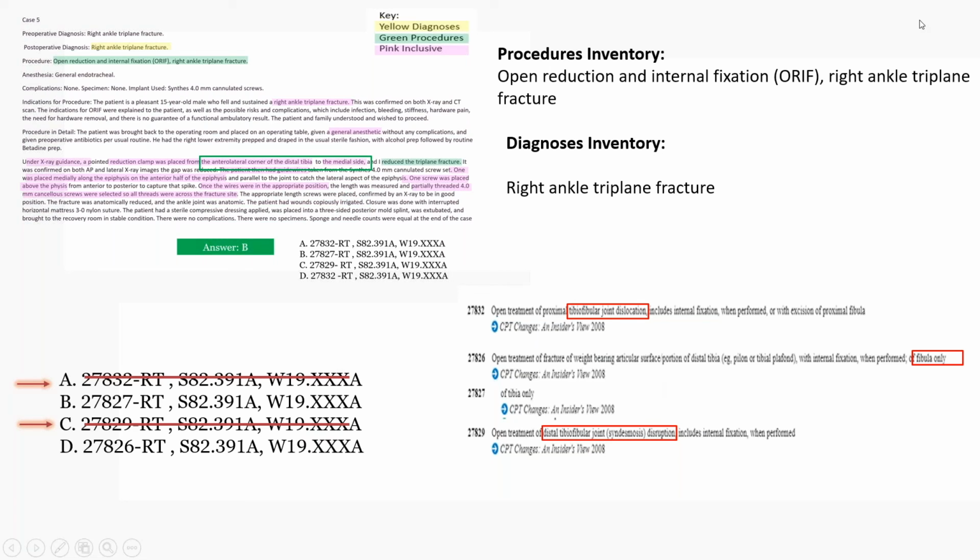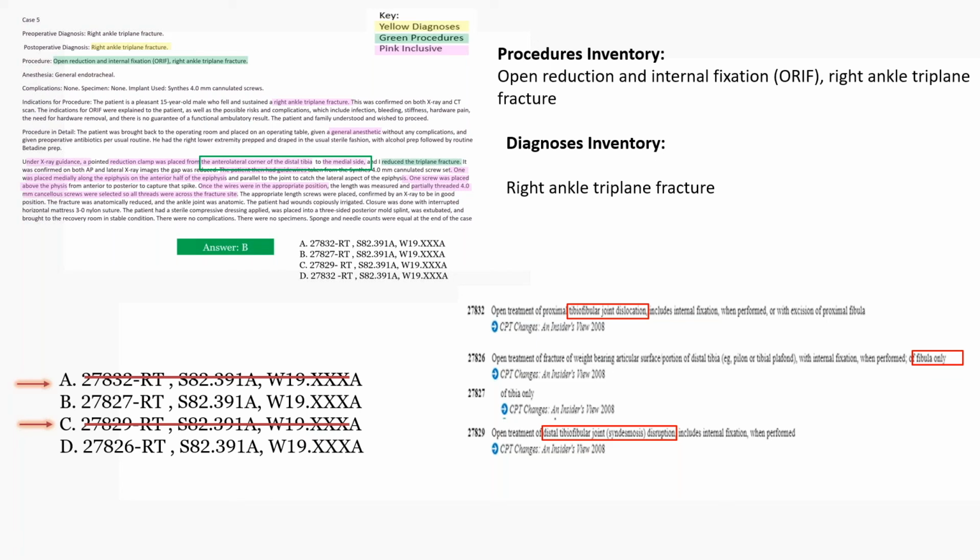If you look at the portion where they say that under X-ray guidance, a pointed reduction clamp was placed from the anterior lateral corner of the distal tibia to the medial side, from here you can pick up where the fracture reduction was performed. This was performed on the tibia rather than the fibula.